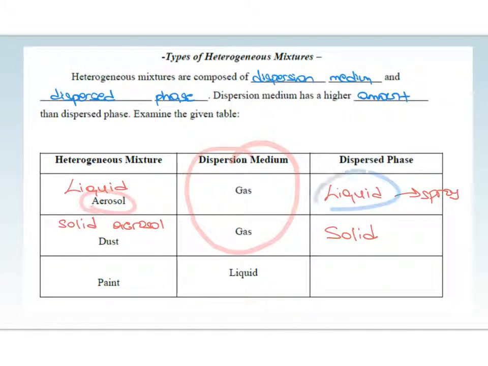If it is liquid, then this is known as the liquid aerosol. If this is solid, this is known as the solid aerosol. And also paint. In paint, you have liquid as dispersion phase and you have solid as the dispersed phase.